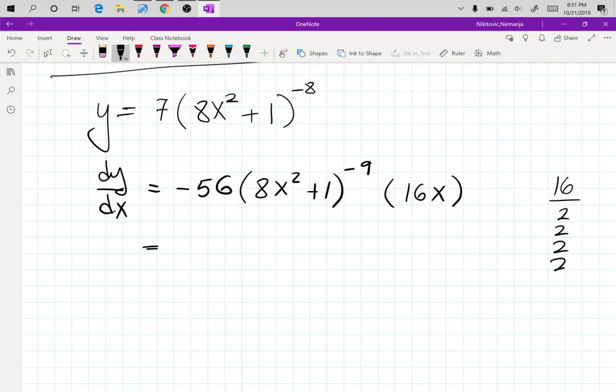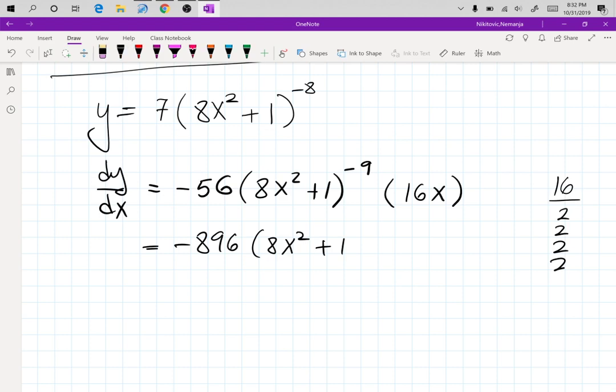So here we go. 56 doubled is 112. 112 doubled is 224. 224 doubled is 448. 448 doubled is 896. That's how you multiply by 2, 4, 8, 16, 32. You keep doubling. It's fairly easy.